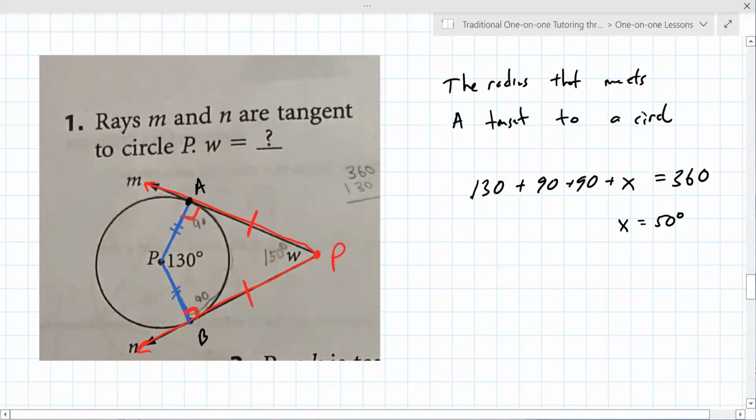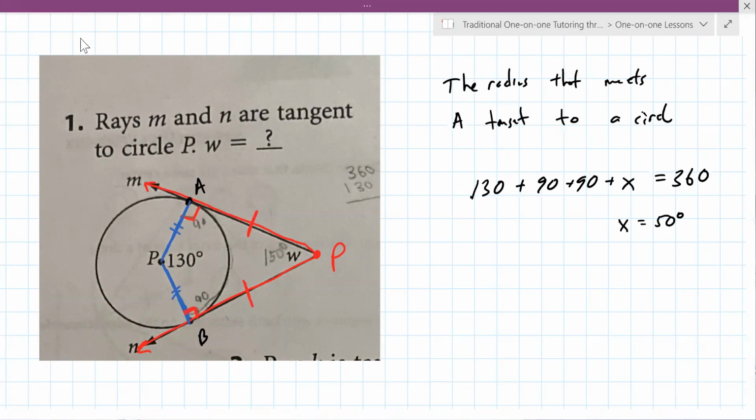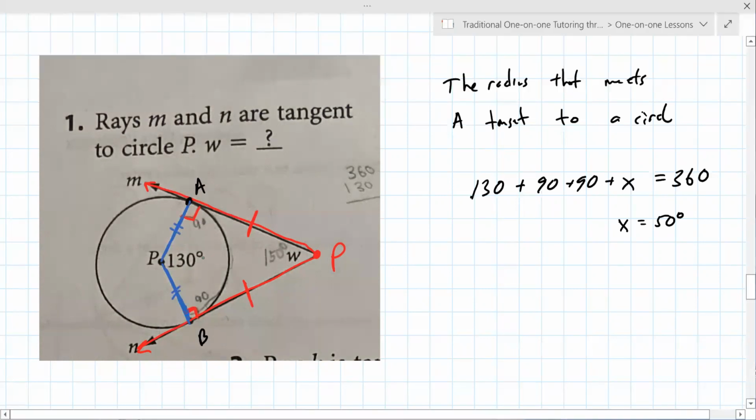Now, if you draw a line from P to B, do you see how it's congruent to itself? And you have two triangles that are congruent by side, side, side. You can get the congruence in a bunch of different ways. You actually end up using side angle side to get it, but that's how they prove that the tangents are congruent.